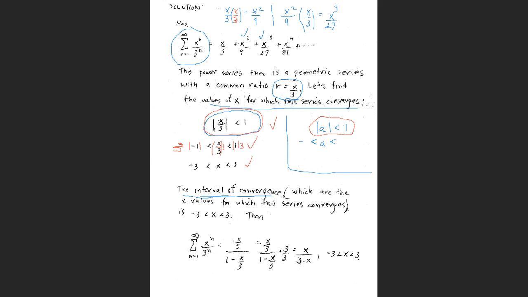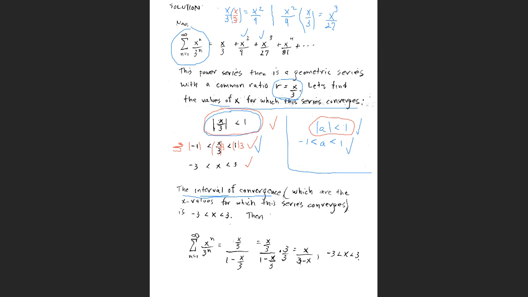A could be greater than -1 and A could be less than 1. So this inequality is equivalent to the second inequality, and that's all I did over here. That's how you work with a compound inequality with absolute value. That's how absolute values work. But yeah, okay, no problem.